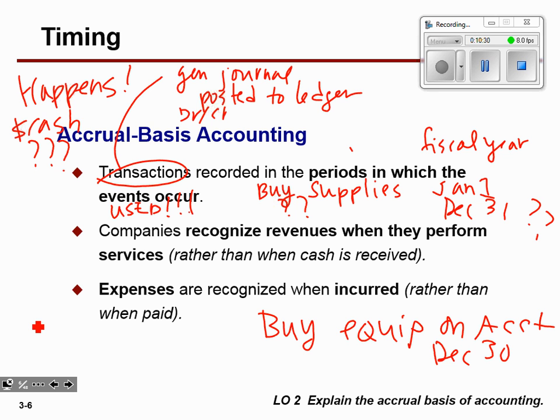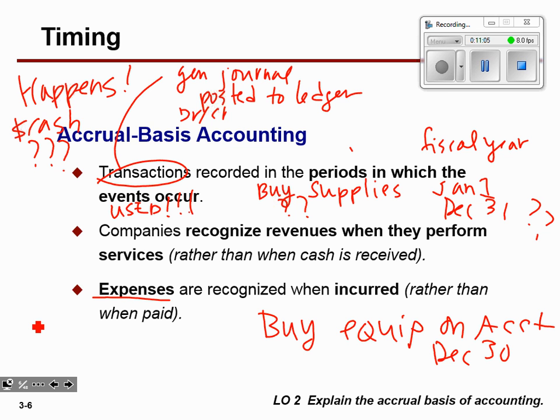If we cut someone's hair on the last day of our fiscal year, and they say, hey, I'm off to my New Year's Eve party, send me a bill, I'll pay you next week. Under accrual basis accounting, we're going to say that we cut that person's hair on December 31st. We're not going to wait until they pay us a week later, which happens to be our next fiscal period. Accrual basis accounting, you record stuff when it happens, whether the cash is there or not.